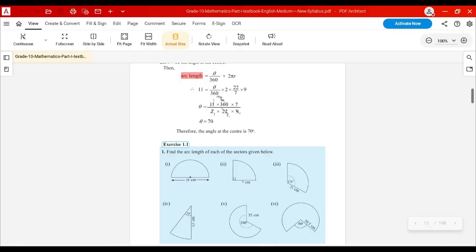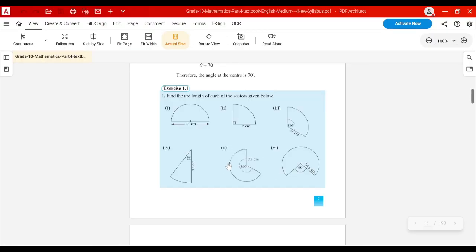Okay, the next part. We have been given a small tiny sector which is of 36 degrees, and the radius is a decimal number which is 3.5 centimeter. So let's fill that out, please.